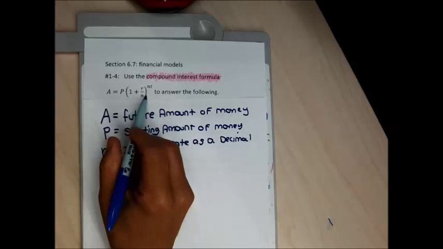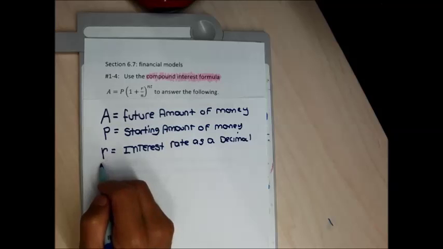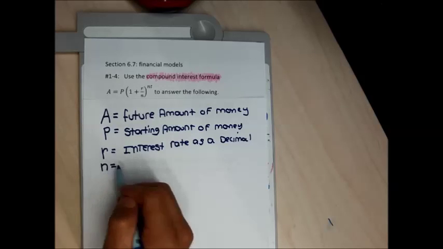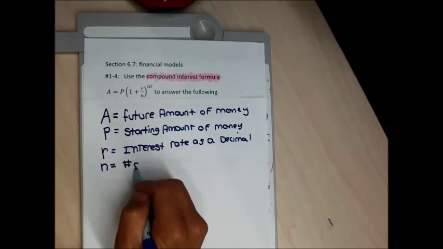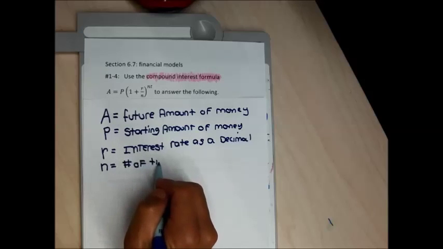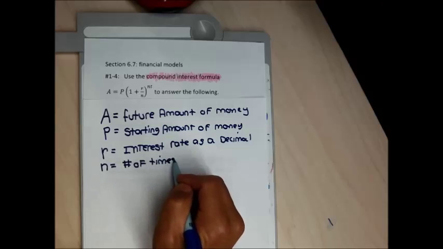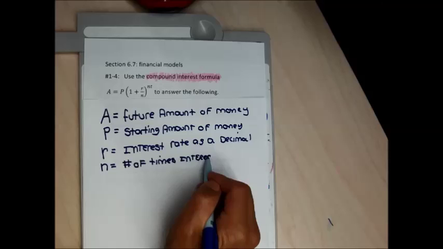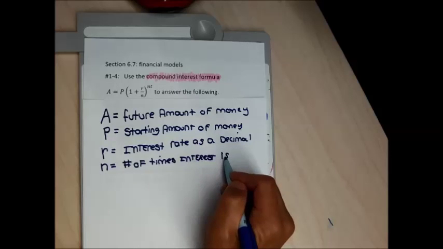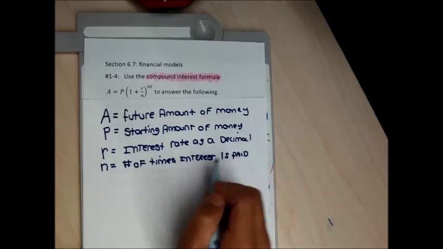The N is the tricky letter. The N is how often interest is paid each year. We'll say it's the number of times interest is paid each year.